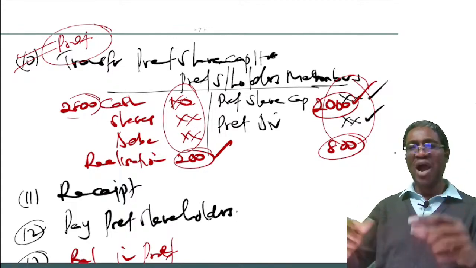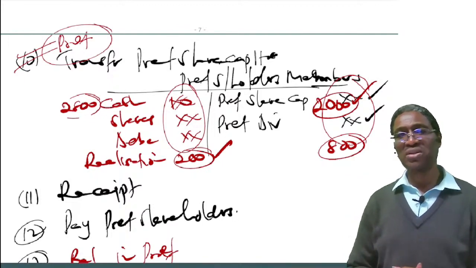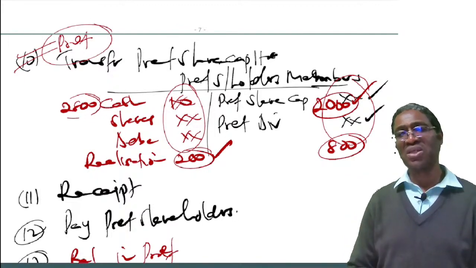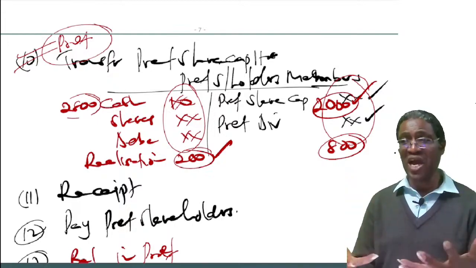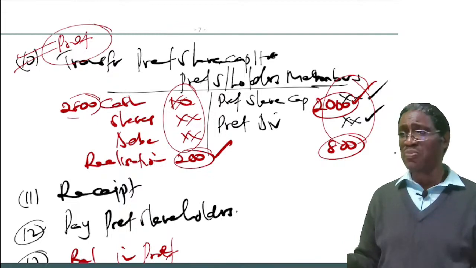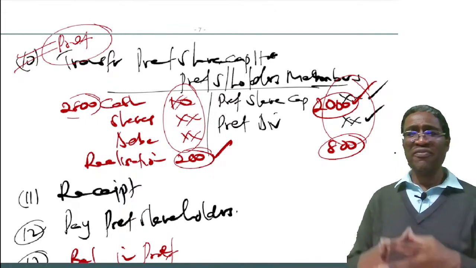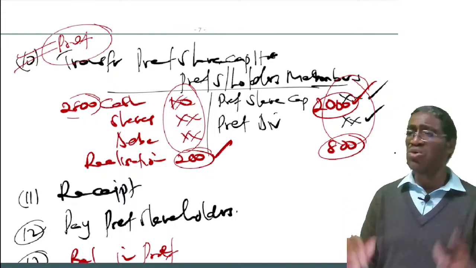Now I receive the purchase consideration. That's number 11. You can see it there. Once I receive it, I start paying. Are you there? I start paying the stakeholders. I've paid the preference, I've finally paid the ordinary, and everybody goes their way.